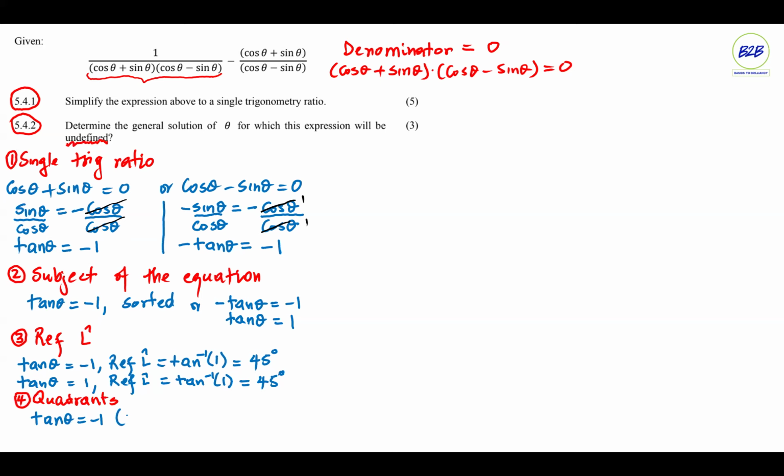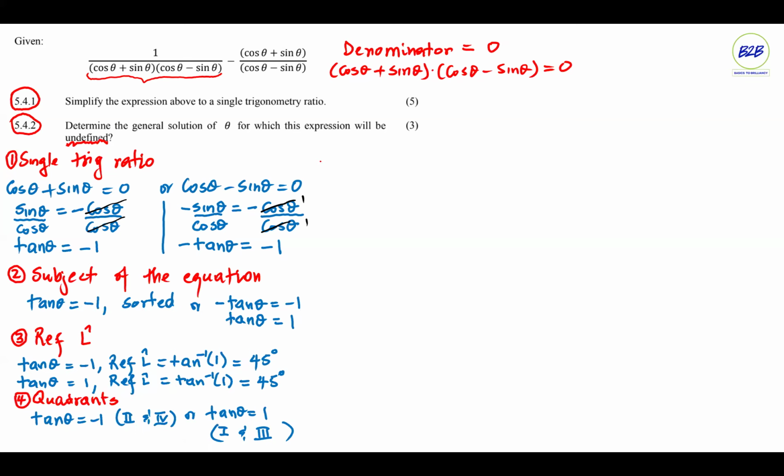Tan is negative at the second and fourth quadrant. Also, in the second equation, tan theta is equal to 1. Then tan is positive on which quadrants? On the first and the fourth quadrant. No, can't be the fourth. On the first and the third quadrant. That is where tan is positive.